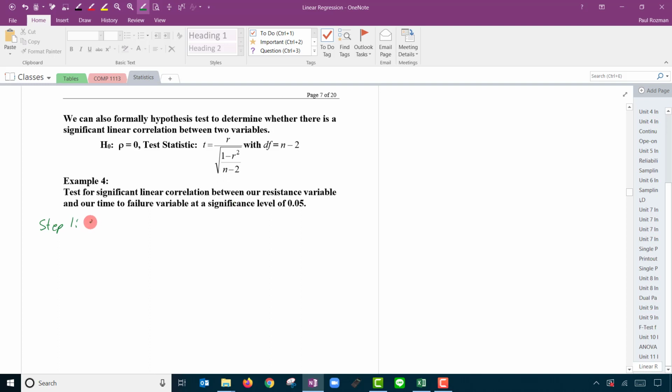And by significant correlation, we'll say that rho is not equal to 0. Remember, R is the correlation coefficient for our data set, which is an estimate of the correlation coefficient for the entire population. So that's what we're conducting our test on here. This is our claim.